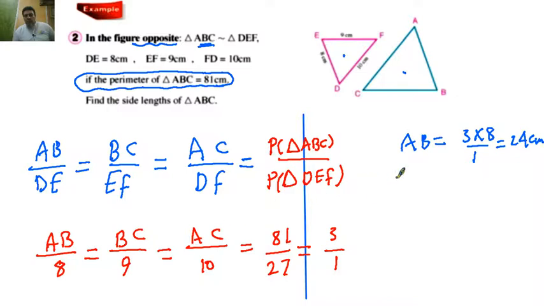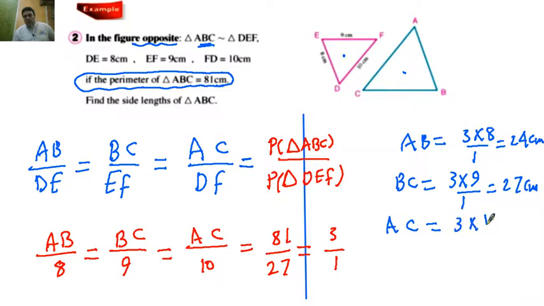Similarly, BC equals 3 times 9 divided by 1 equals 27 centimeters. Then AC equals 3 times 10 divided by 1 equals 30 centimeters.